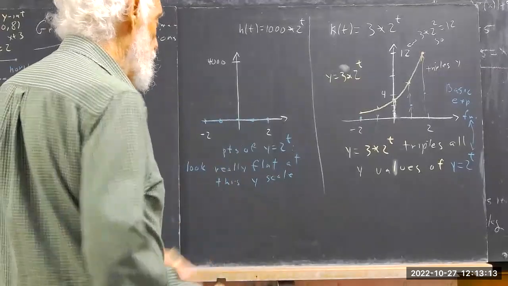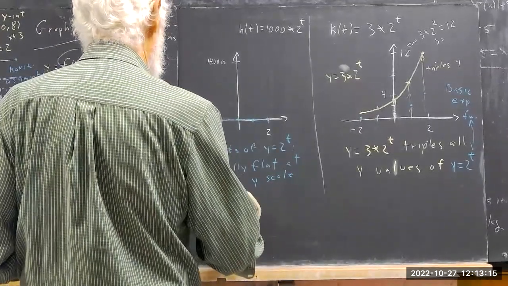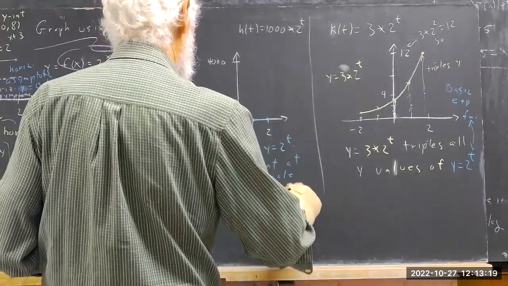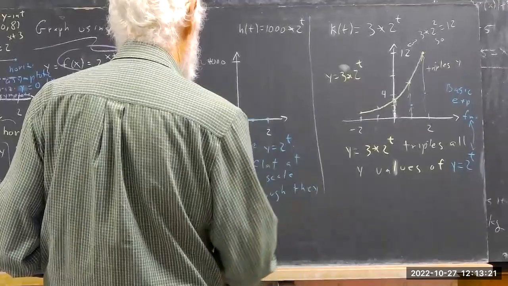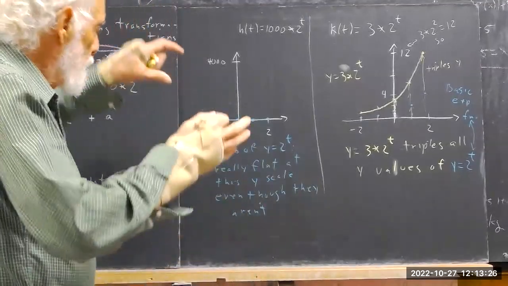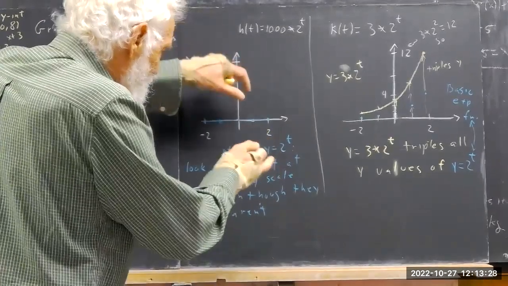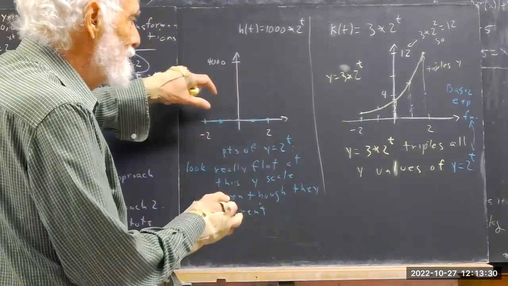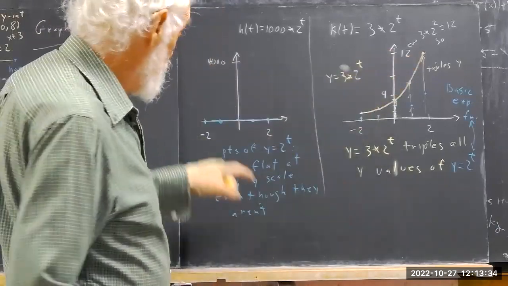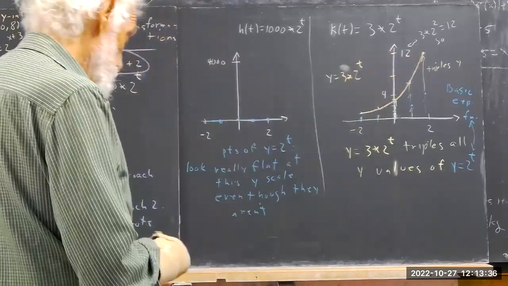They look really flat at this y scale, even though they aren't. If you could zoom in by a factor of 1,000, you'd see the basic exponential function, but you can't see it at this scale.